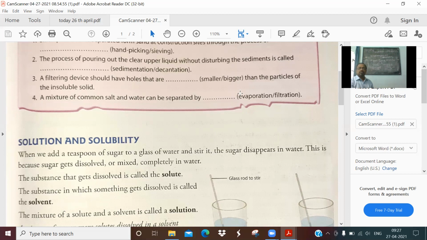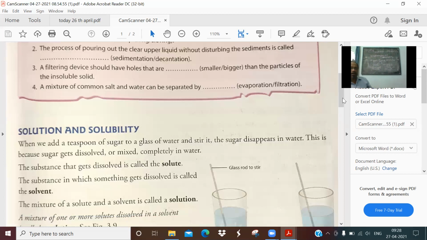After all the benches are filled, if you allow children to get in again, then you have to make them stand. Similarly, if you go on adding, after a certain time, the solid particle, the sugar will settle down at the bottom because there is no space for the liquid to occupy these solids. So solubility has a limit.